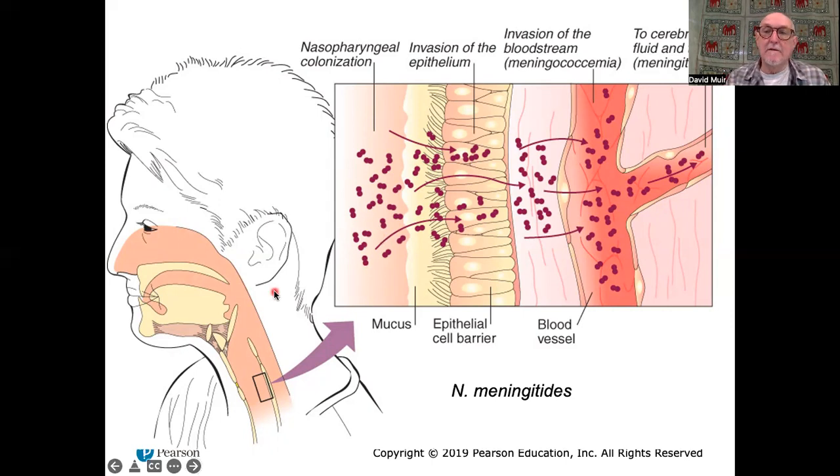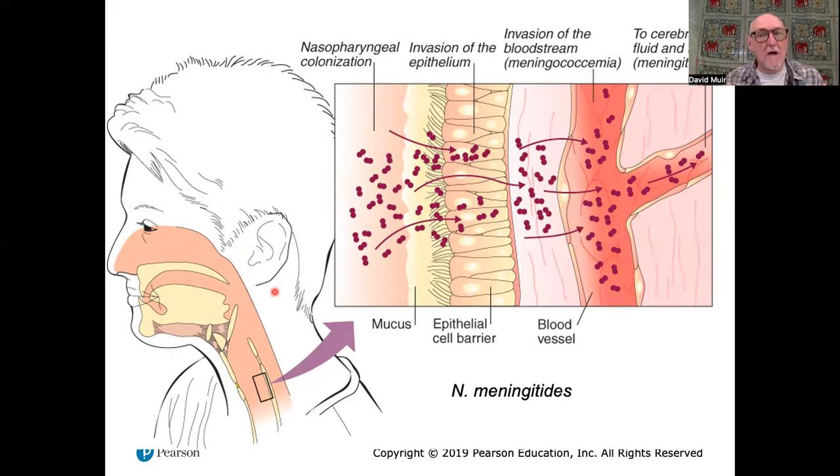I would say nasopharyngeal flora. We have a rich microflora throughout our mouths and throats and noses, and Neisseria meningitidis is one of those bacteria.